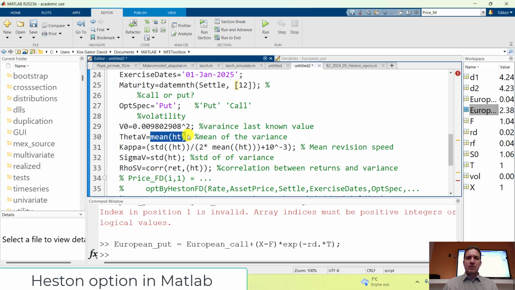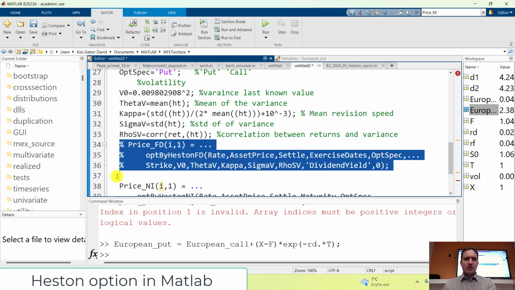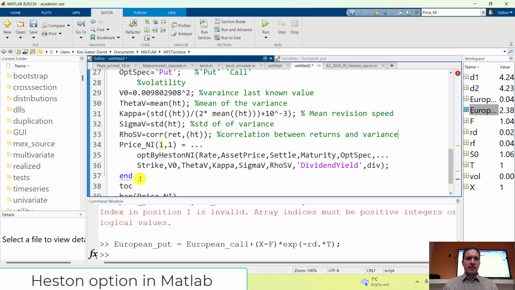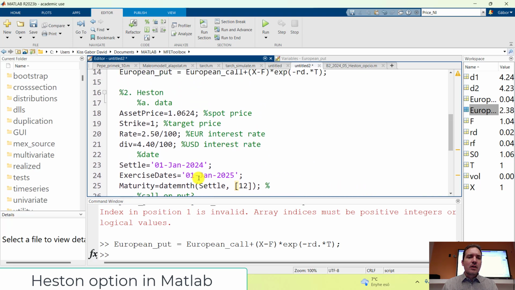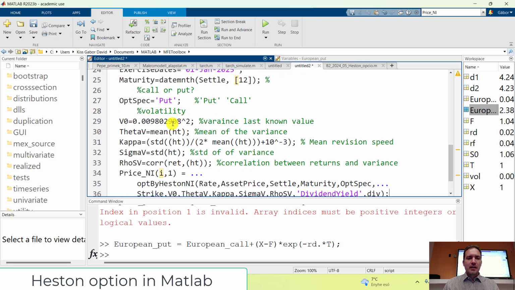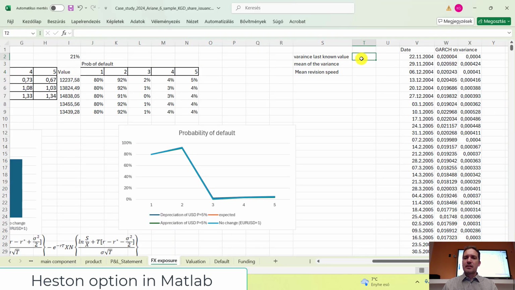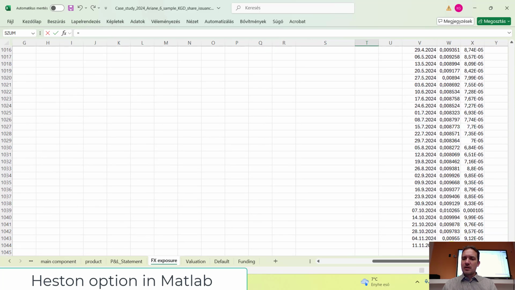Okay, so for this one we just have to calculate the mean. Yeah, that one is not working. So not necessary. So this is all the code. Okay, mean of variance, we can estimate all of them because this was the last known.